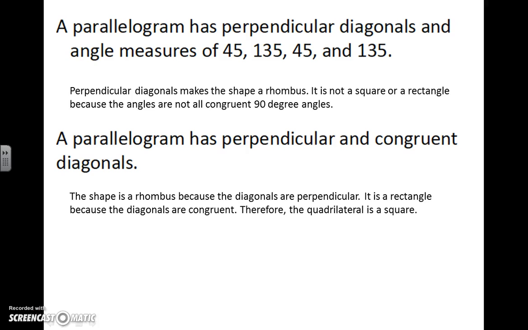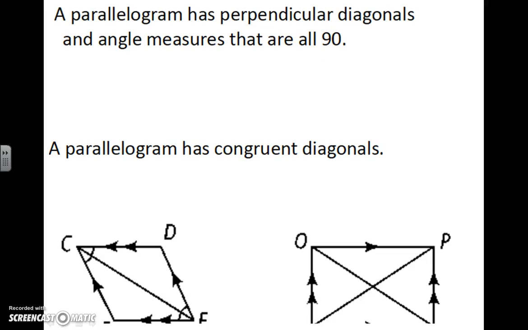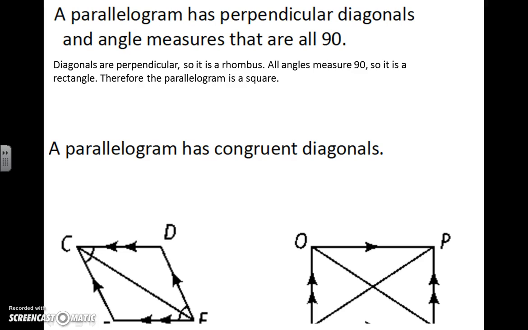This shape is a rhombus because the diagonals are perpendicular. It is a rectangle because the diagonals are congruent. Therefore, because it is a parallelogram that is also a rhombus and a rectangle, its best and most specific classification makes it a square.